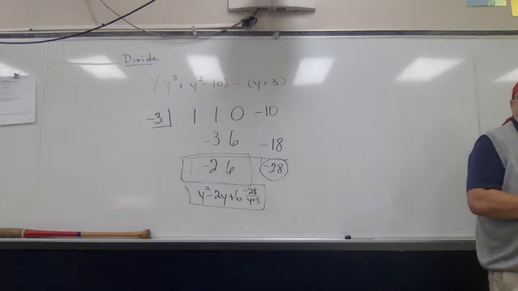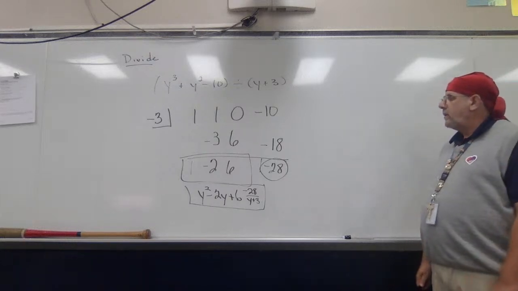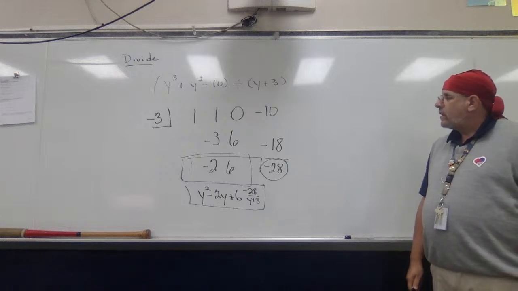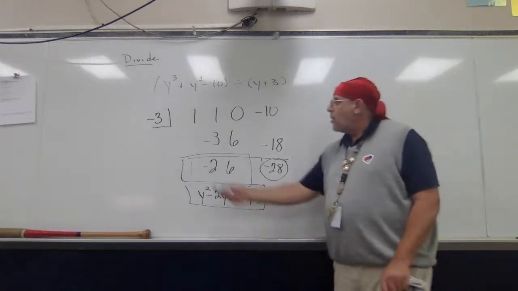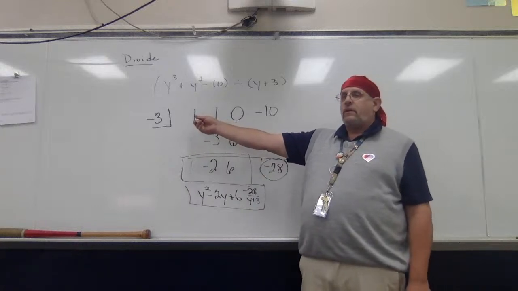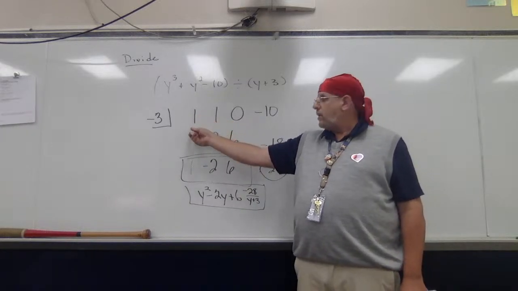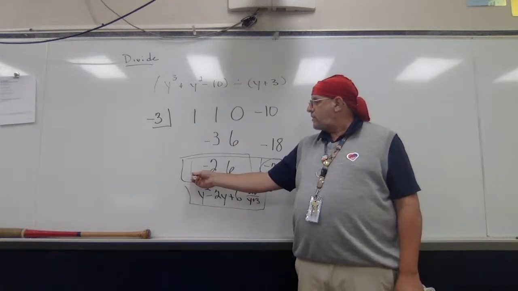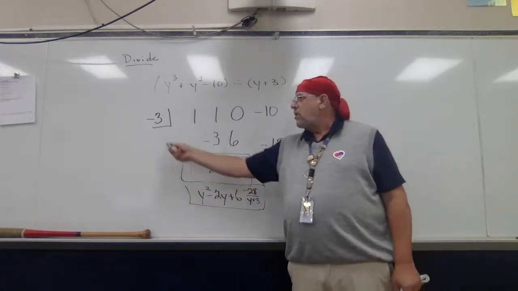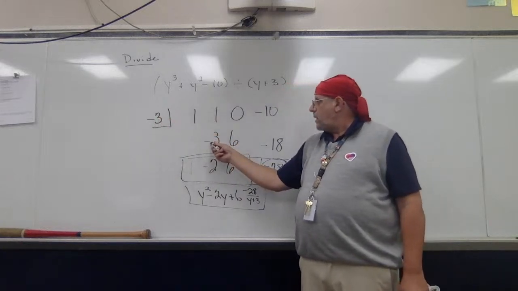So how did you get the -3, 6, and -18? Okay, so with synthetic division, step 1 is you take this first coefficient and drop it straight down to the bottom. Your next step is to take what you've got here, multiply it by your divisor, and place it here.